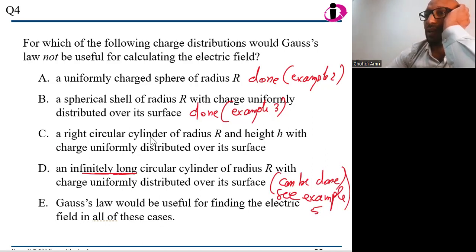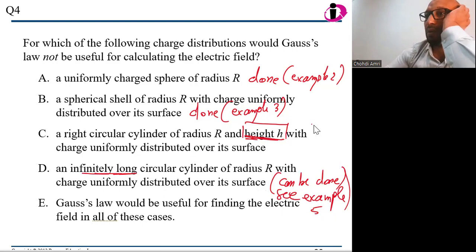A right circular cylinder with radius R and height H. What's the difference between example 5 and C? Example 5 and C differ by the following. Example 5 is infinitely long, but here we are talking about a finite length.